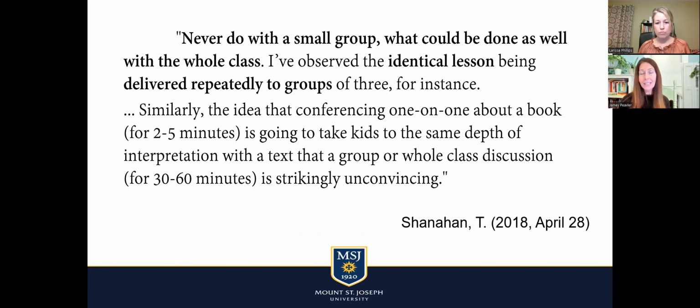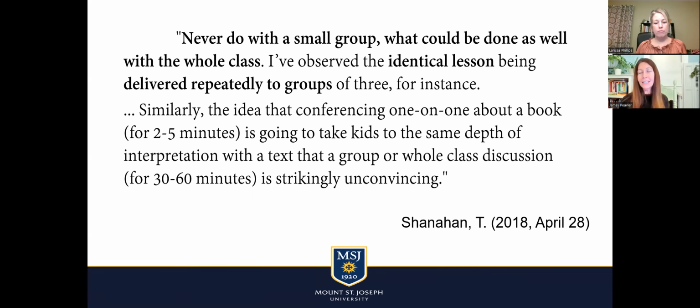This quote that I stumbled across a while ago was interesting to me, and it's Tim Shanahan, but a couple of points that he makes I feel like are worth drawing attention to. He's talking about how many times we find ourselves in a small group setting basically teaching the same lesson many times.